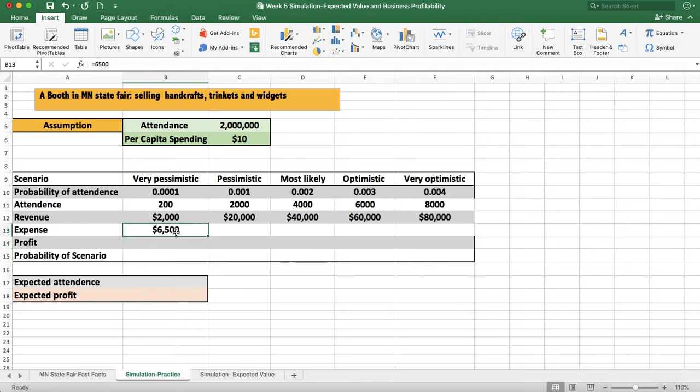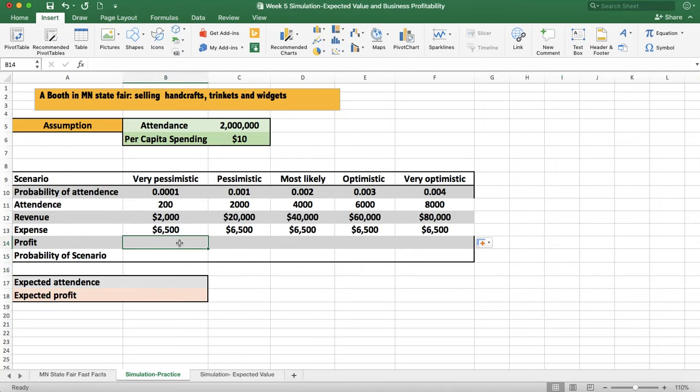So just fix it for every scenario, because your family members are supposed to be the sales assistants, so no labor cost.